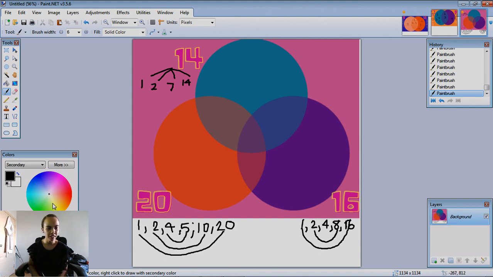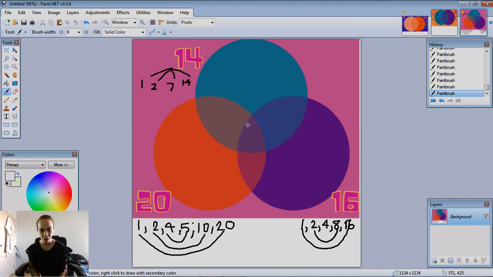Let's use a white color now. Let's see which numbers are in common. Between 14 and 20, 1 and 2. Between 14 and 16, 1 and 2.